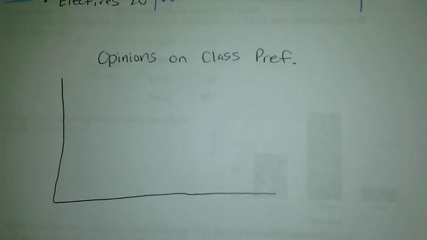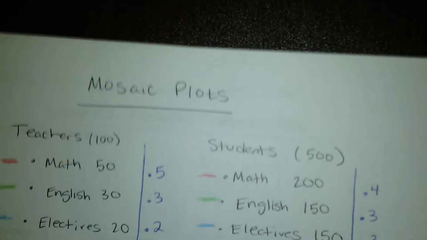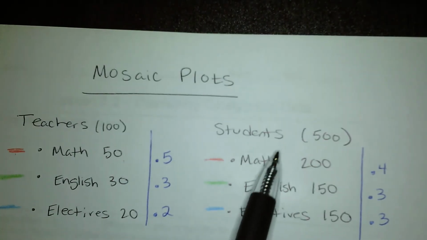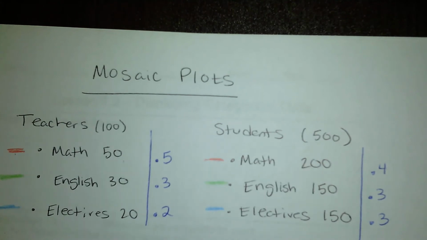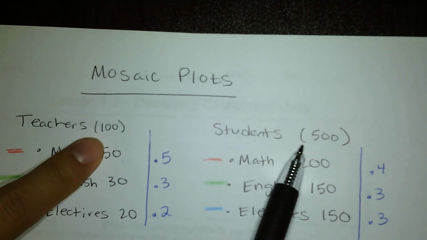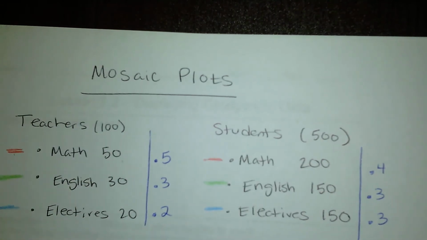You know, give the title a little spice, why don't you? And like we said earlier, what sample size is larger? Well, my students, right? It's 500 students, 100 teachers. So how many times larger is this sample of students than the sample of teachers? It's a scale factor of 5.